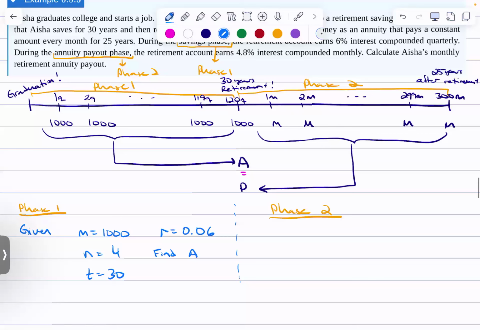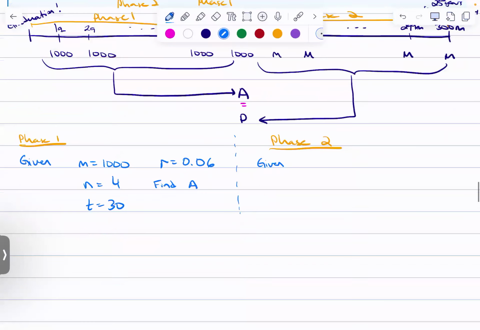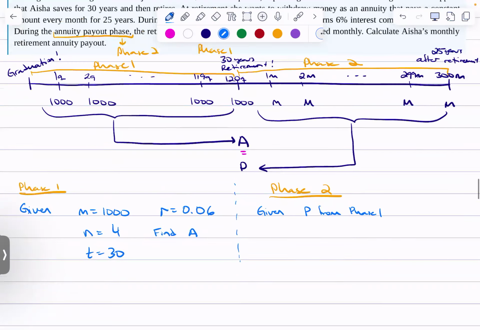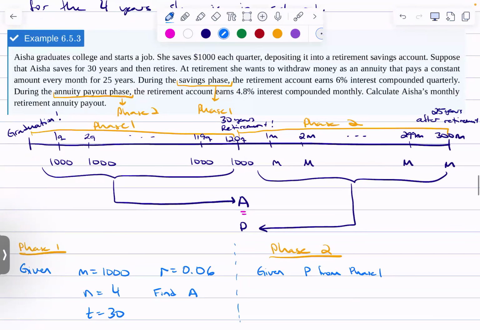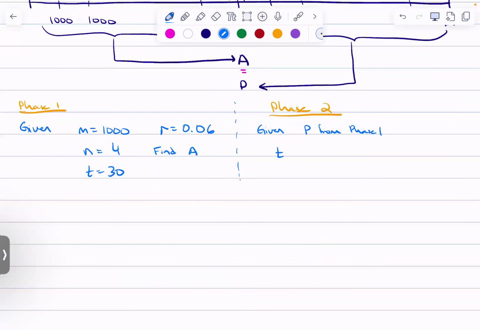In phase two, we're given P from phase one, sort of, right? Or we will have it. So that's where I'm going to start. And we have T is 25 years.